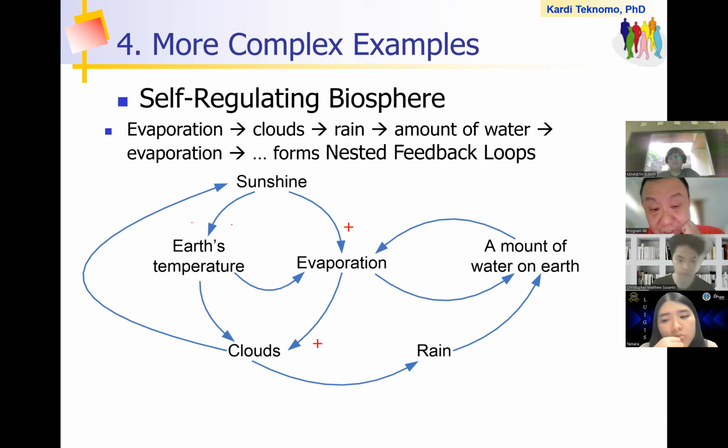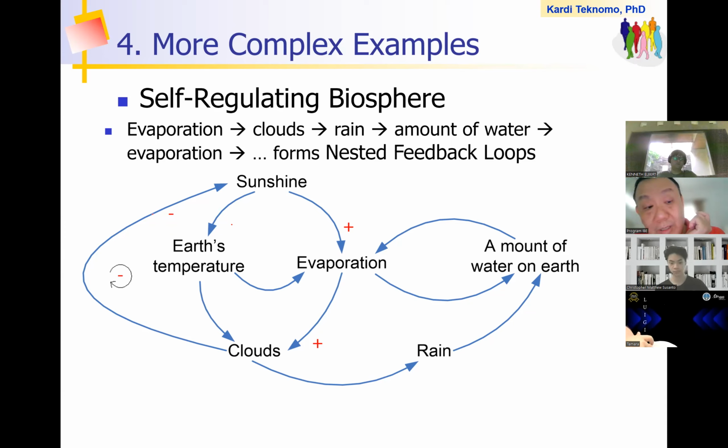The more evaporation, the more cloud will be formed, and eventually when you have more cloud, it will block the sunshine. So in itself this creates a negative feedback loop, right? And then the more sunshine you have will increase the temperature of the earth, and then eventually increase the evaporation. Again, this is positive feedback.